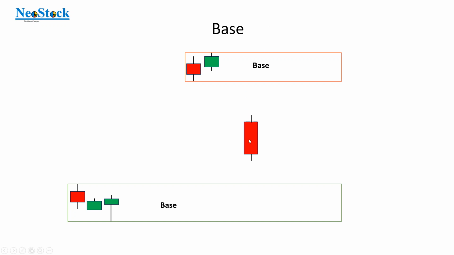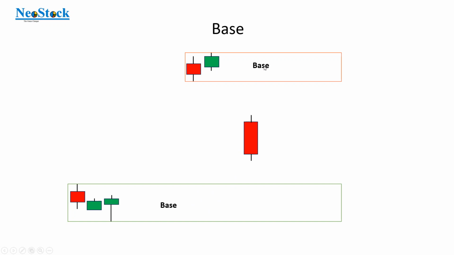And look into this candle and assume this is the most recent candle on the chart. How many bases do we have? 2 bases. One base is related to the supply zone and another base is related to the demand zone.